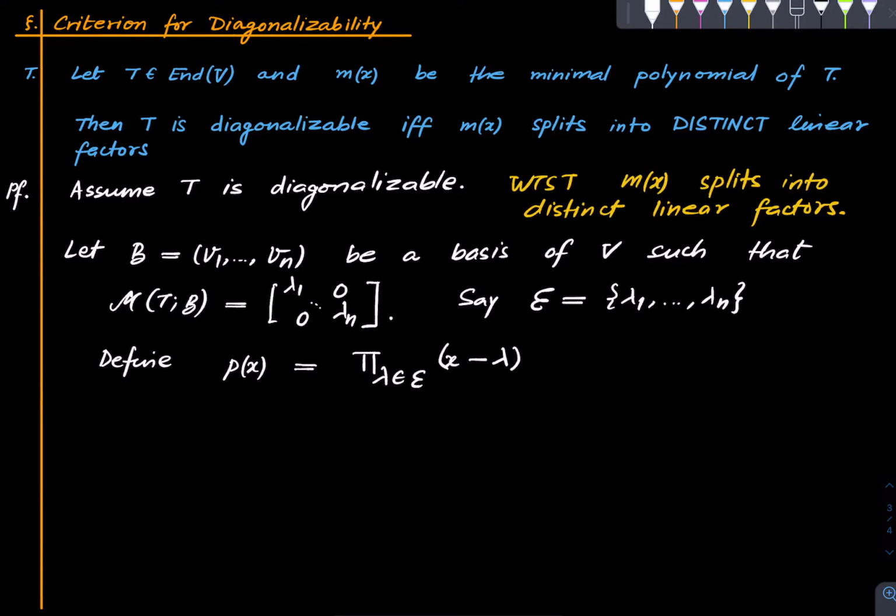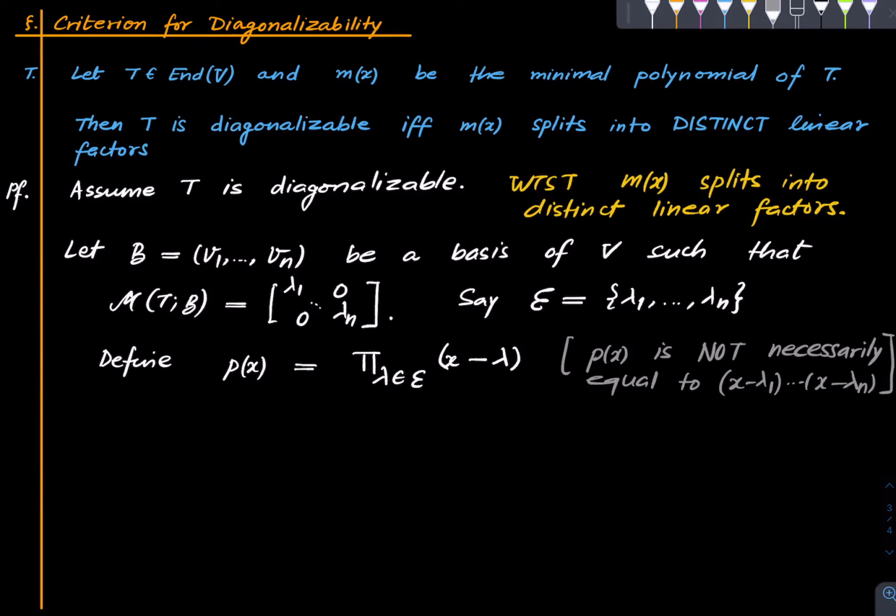So this is how we define it, and let me just emphasize that P(x) is not necessarily equal to this product (x minus lambda 1) up to (x minus lambda n), because if there is repetition here, then we are multiplying the corresponding polynomial only once.